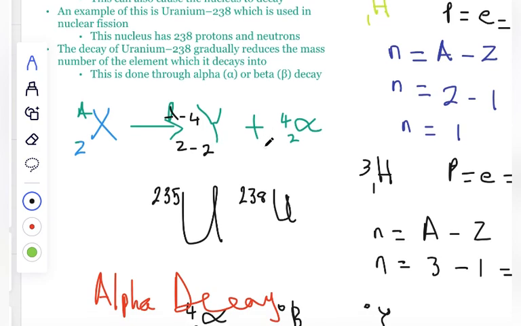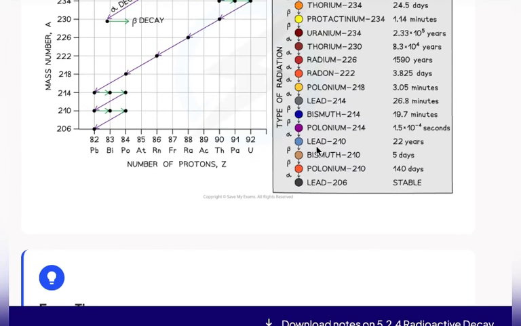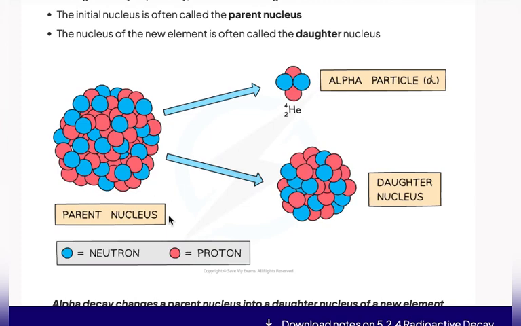Okay, so this is for the three radioactive substances. These are the different decays that do happen. So this is a parent nucleus. When it decays, it produces a daughter nucleus and an alpha particle. This helium is an example of an alpha particle.